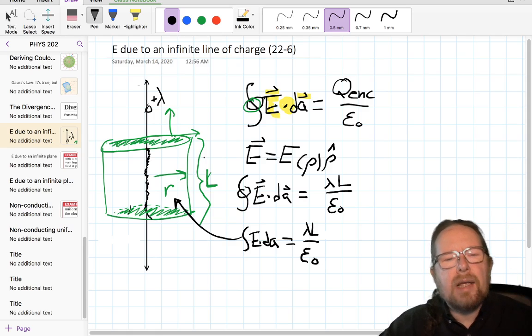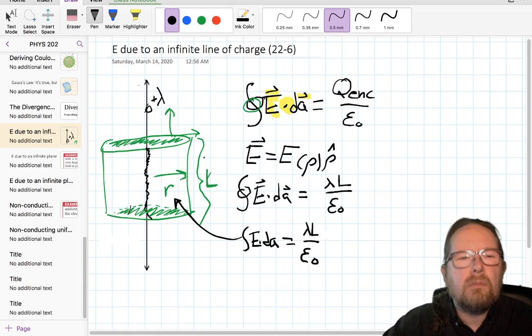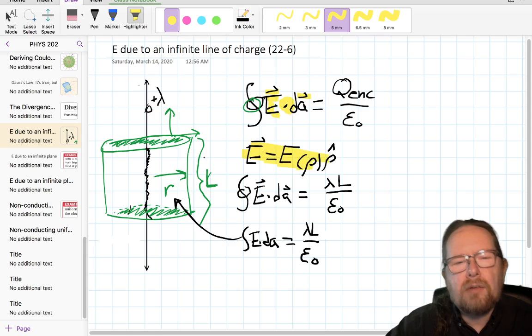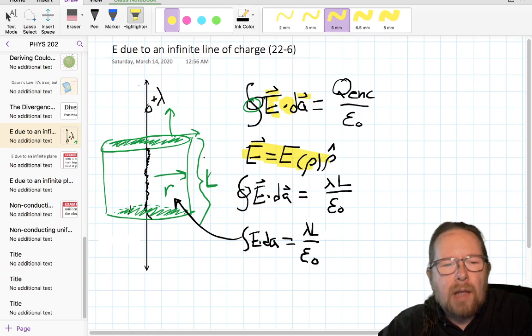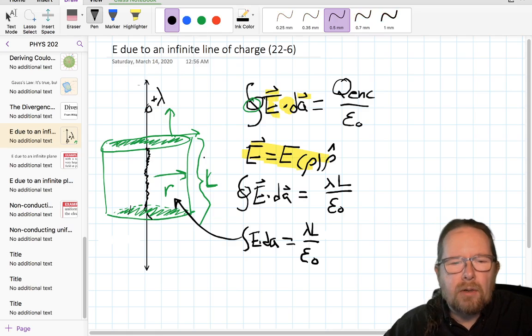We already said that symmetry considerations tell us that the electric field is only a function of the distance from the line. And so since the whole surface of the cylinder is the same distance away from the line, that means the electric field is constant over the area, and we can just pull that electric field outside of the integral.